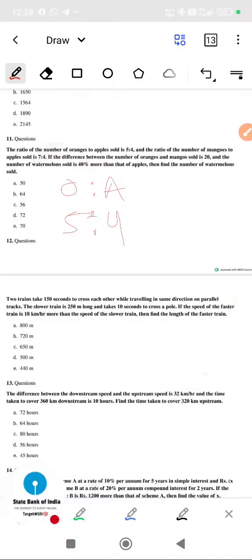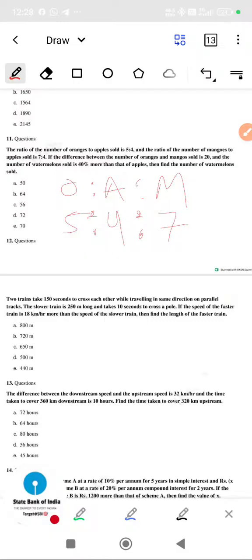And the ratio of the number of mangoes to apples is 7:4. So mangoes also we can place, which is in the ratio of 7. So we have 5:4:7 as the ratio.